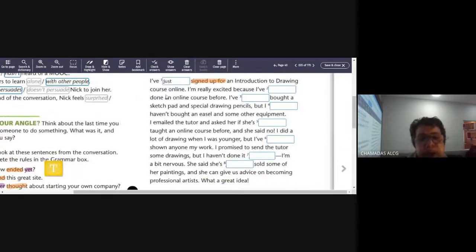Okay, people, let's correct. Then we have our break to stretch our legs a little bit. So number 2, what do we have? Never. Okay. Number 3, already. Great. Number 4, still. Look, negative, right? I still haven't bought.